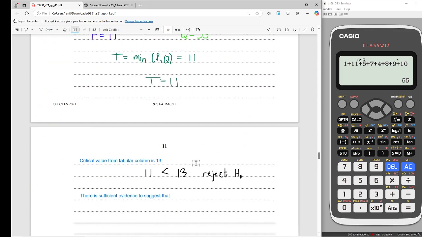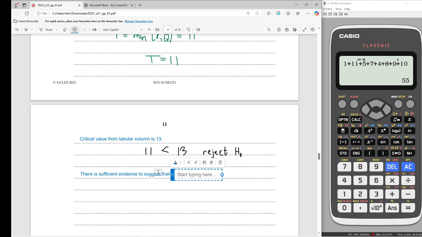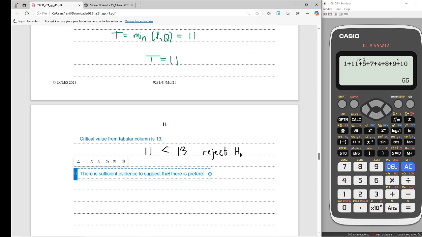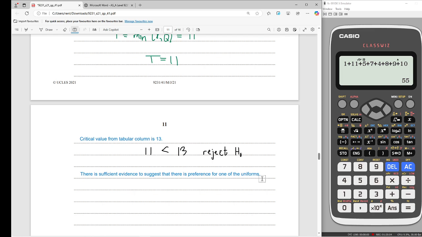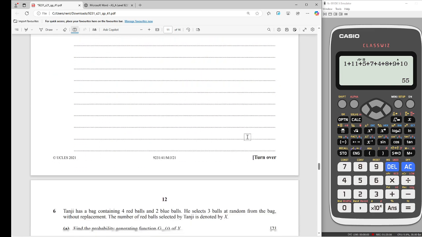So there is sufficient evidence to suggest that there is preference for one of the uniforms. So this is the conclusive statement to our Wilcoxon signed rank test.